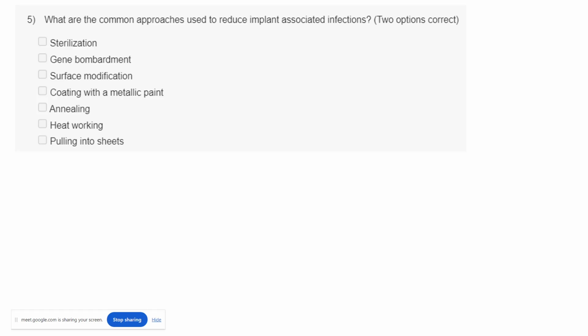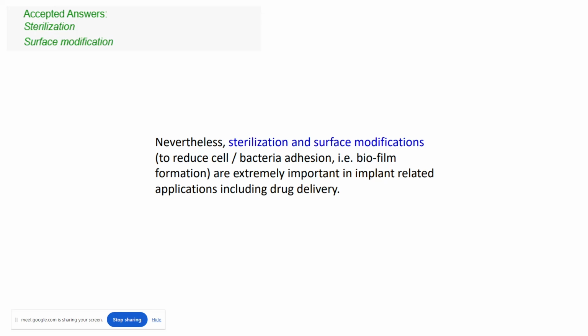Yes, both of you are correct. It would be sterilization and surface modification.